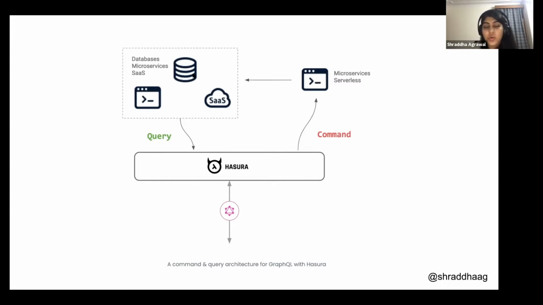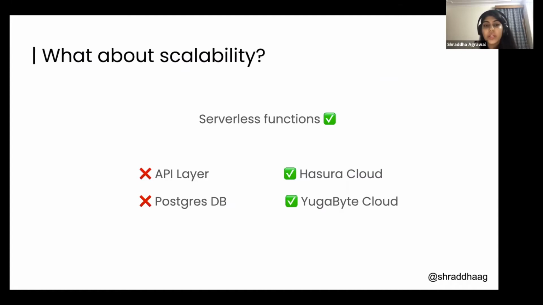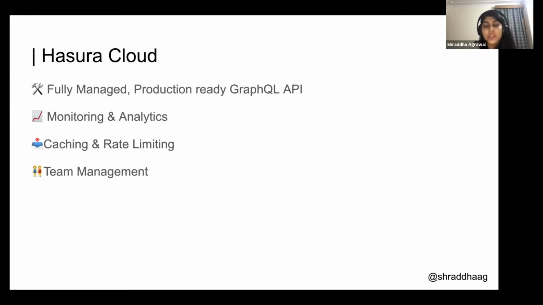And neither is our Postgres database. So what can we do about scalability? For the API layer, instead of going with the open source Hasura version, we can go with the managed API layer that Hasura Cloud provides. And instead of a Postgres database, we can go with Yugabyte Cloud, which is a managed Postgres-compatible distributed SQL.